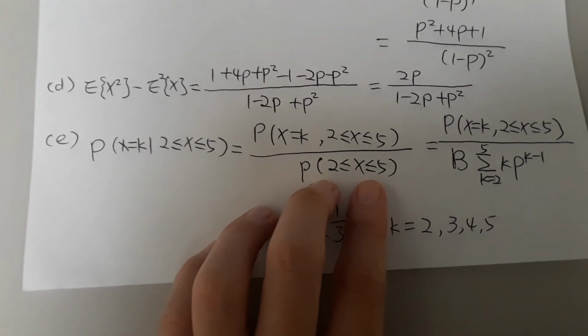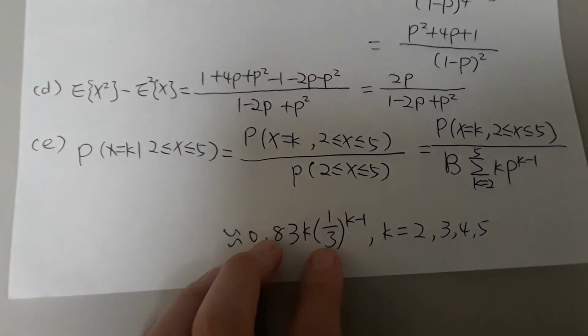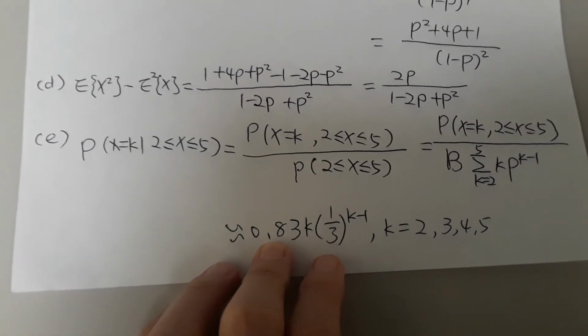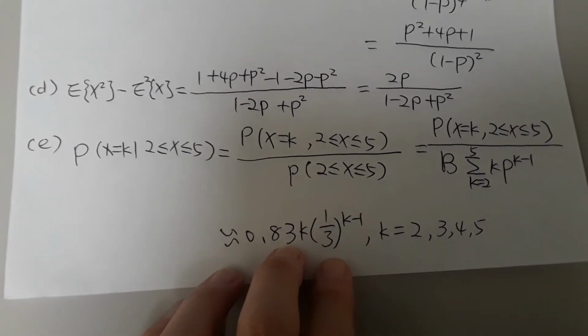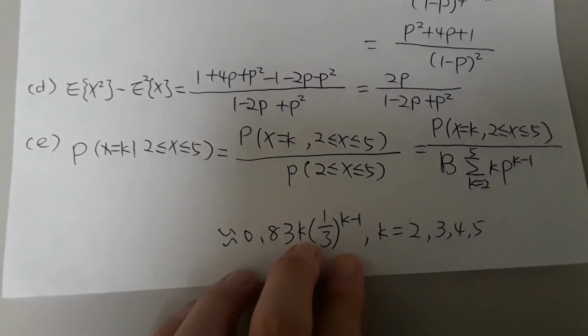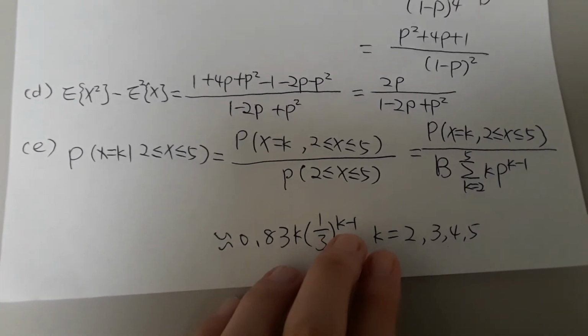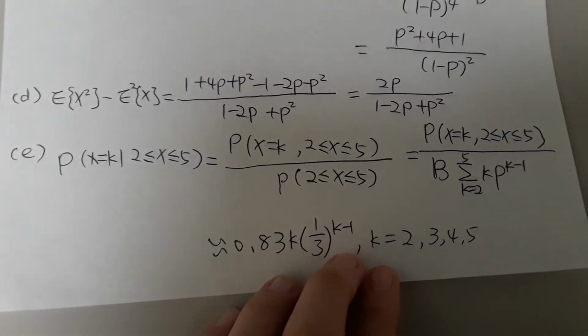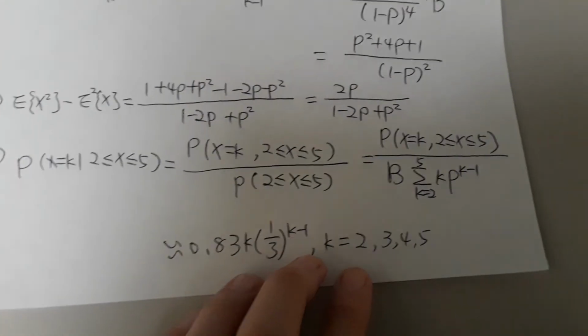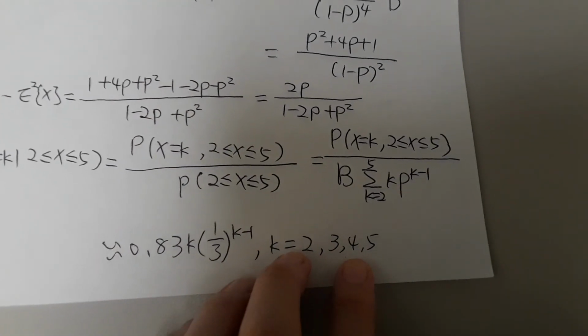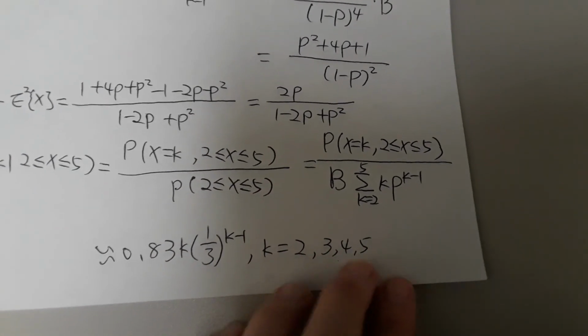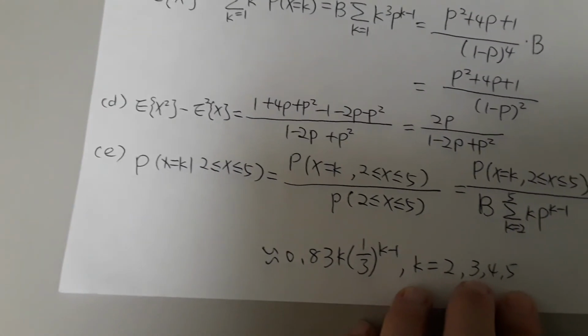And it should roughly equal 0.83 times k times 1/3 to the power of k minus 1. And here k equals 2, 3, 4, 5. This is the final answer of part E.